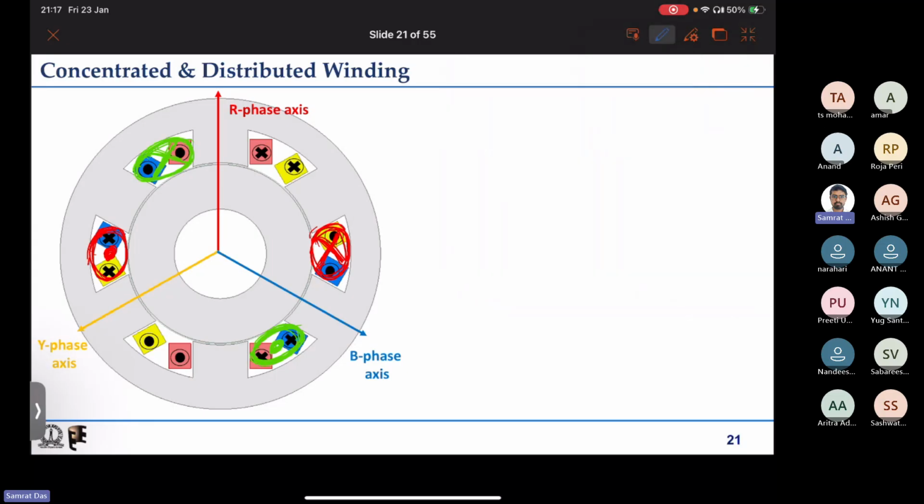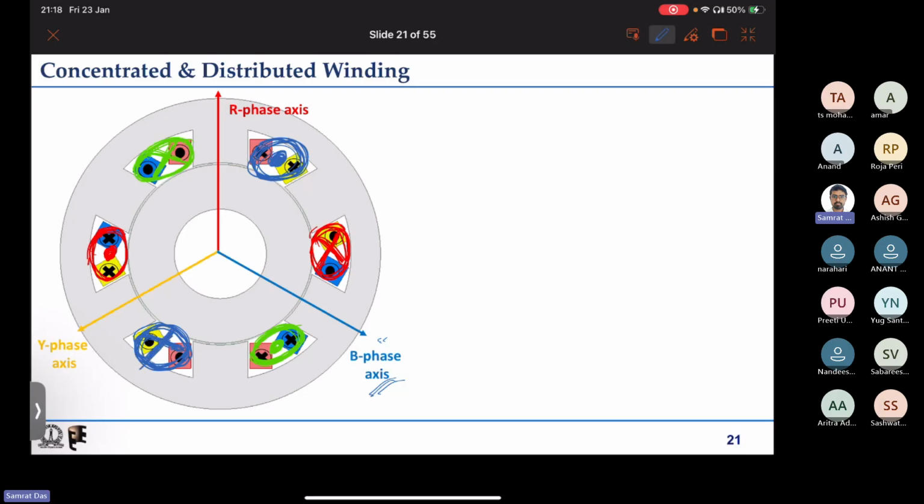Now if I go to the B phase, that is, we want to realize this axis, then I can fill this entire slot with B phase coil, and I have to put a dot here, cross here.